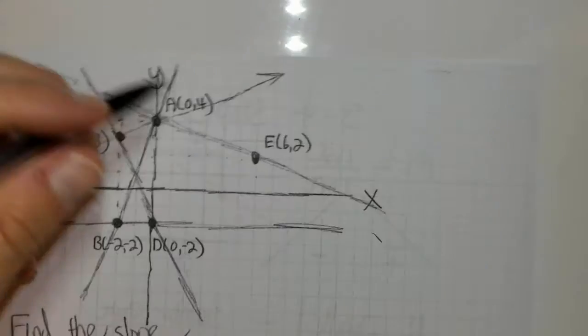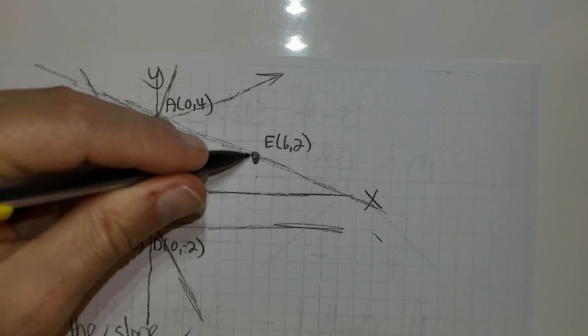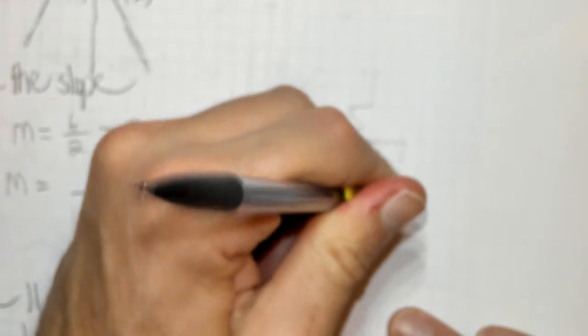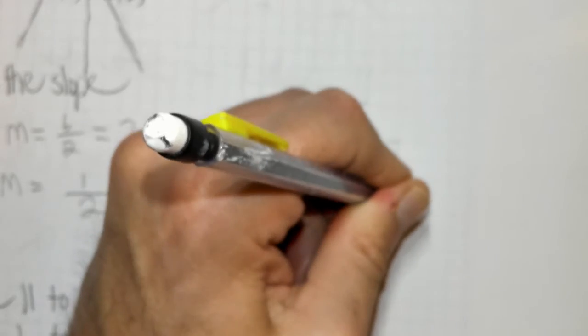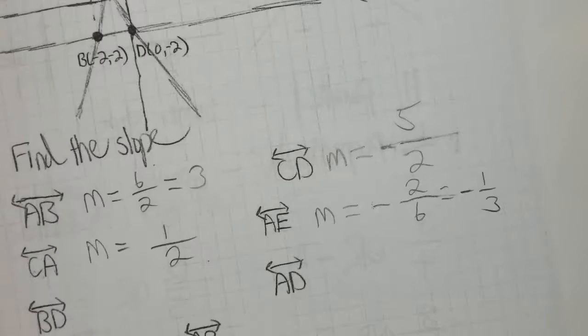So make sure you're aware of that. So it's down by 2 and it's over by 1, 2, 3, 4, 5, and 6. So the run is 6. That means the bottom number is 6. And all I have left to do now is reduce the fraction that I have. And so 2 over 6 reduces down to negative 1/3, which is the correct slope here.